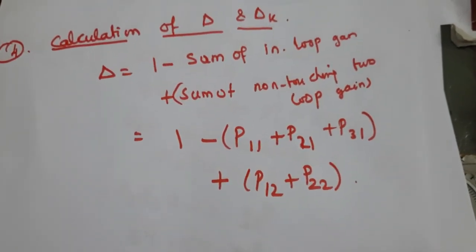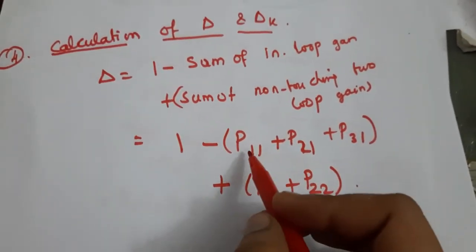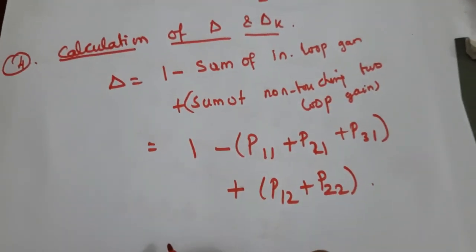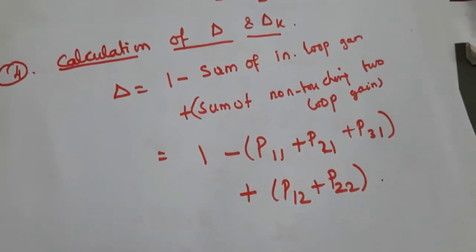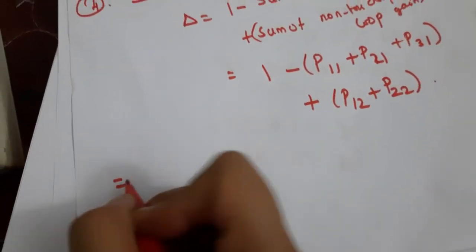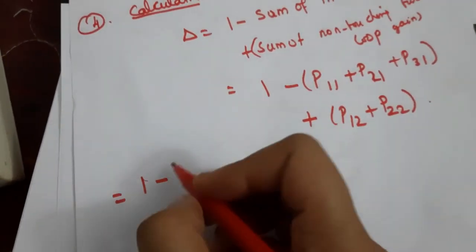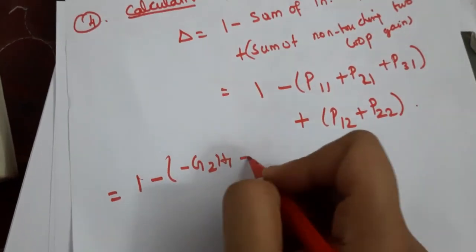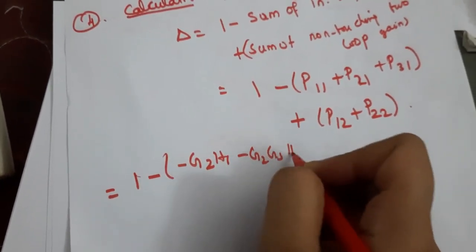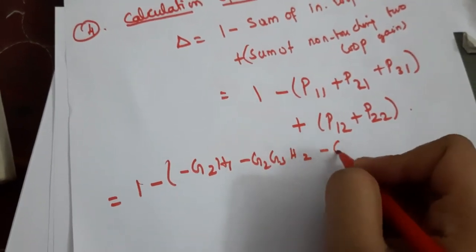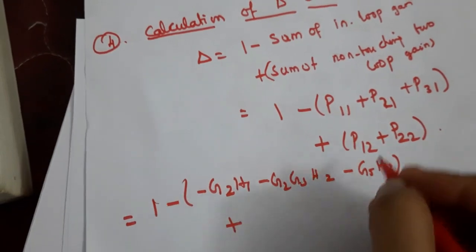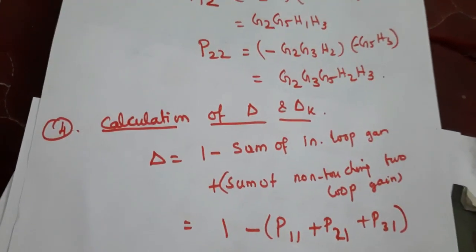So this is the calculation, and now we are going to give the product gain of each loop here. So we will get del equal to 1 minus G2 H1 minus G2 G3 H2 minus G5 H3 plus this P12 and P22.